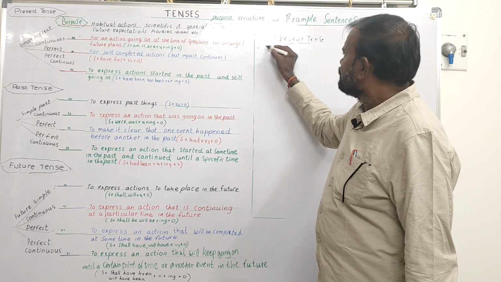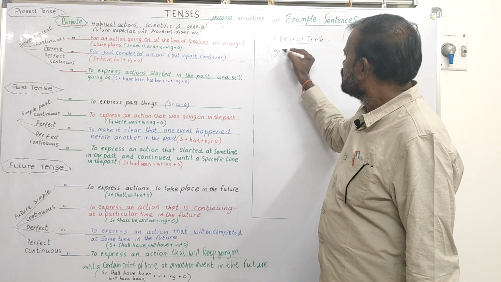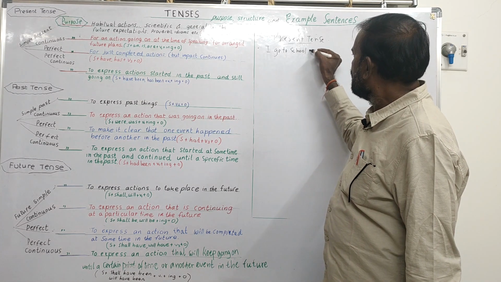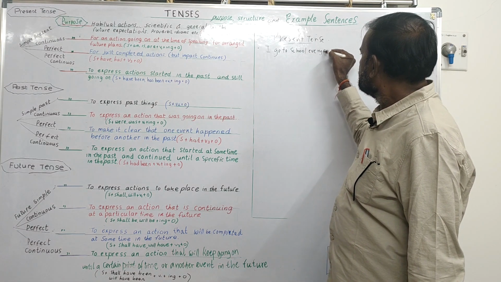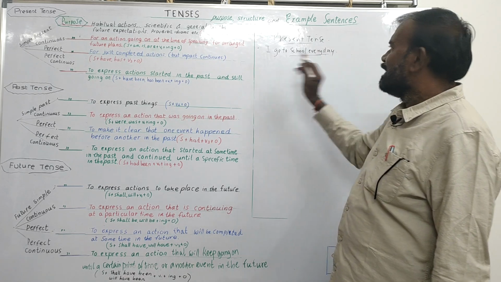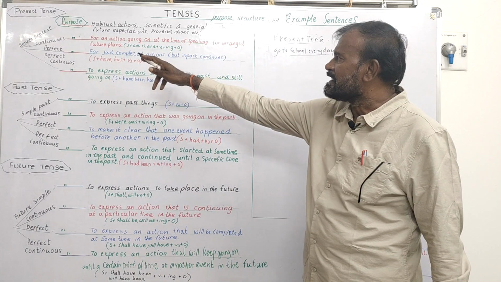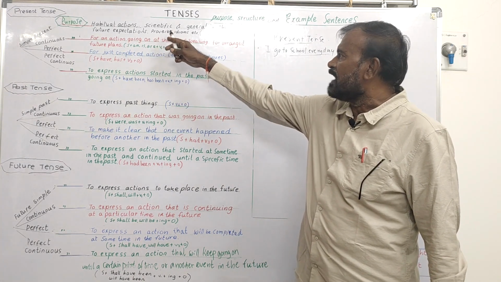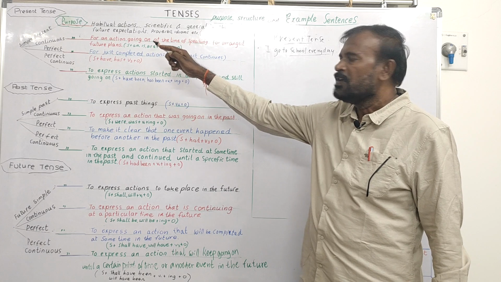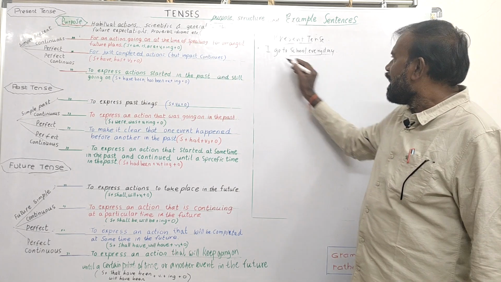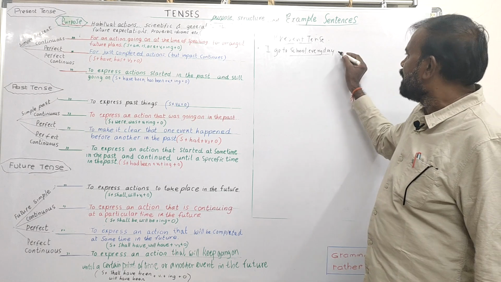For example, I go to school every day. Just like this. This simple present tense is used for habitual actions, scientific general truths, future expectations, proverbs and idioms. I go to school every day.